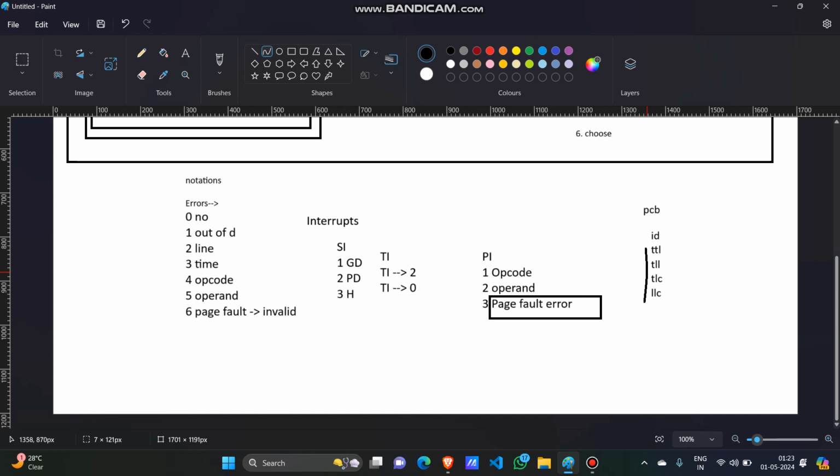If we are talking about total time limit, then it would be considered with time limit counter. But if we are talking about total line limit, that would be considered with line limit counter. And ID is used to represent each and every job that exists in our system. Specifically for unique representation, we use ID, right? So this is something that you should know regarding the notations of our phase 2 operating system.